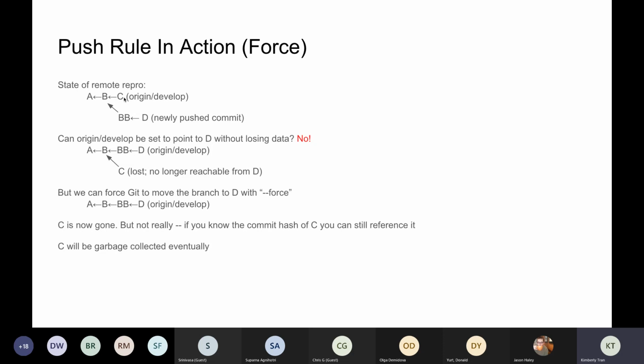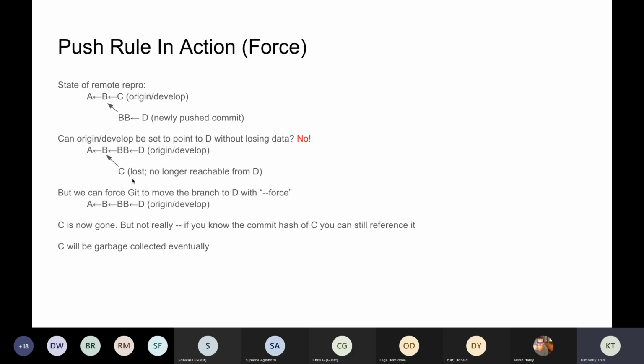Someone else pushed C, you've pushed B, B, and D, and now you want your branch to look like this. C is lost, but you can force Git to actually do this by setting the force parameter on the push. What you're saying then is, no, just move this origin develop branch to D, and you don't care that C is lost.